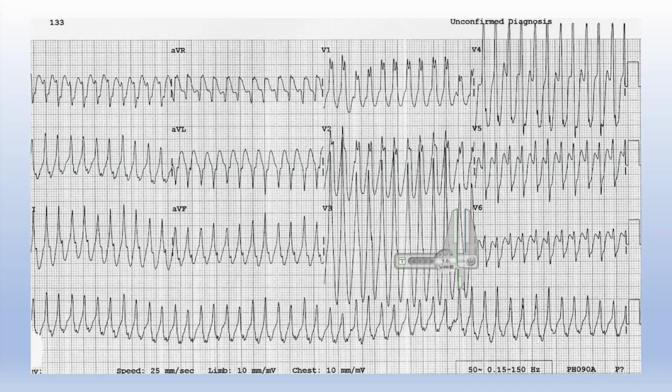Monomorphic ventricular SVT. Okay, so some people are saying SVT, some people are saying ventricular tachycardia. So let's take a look at this one.